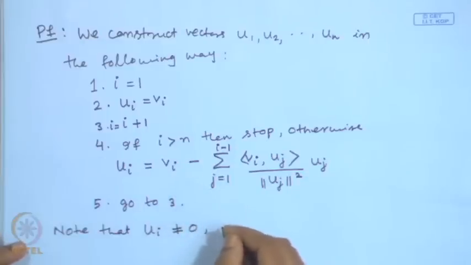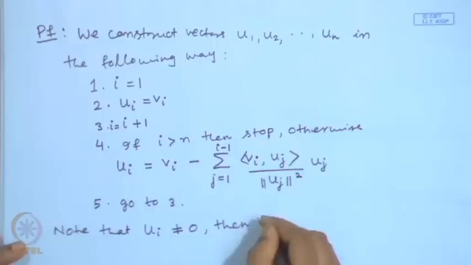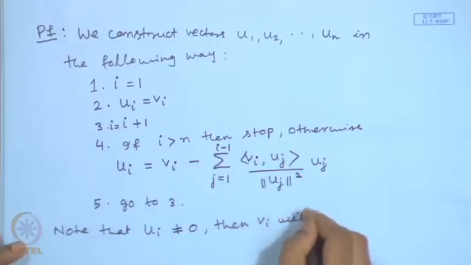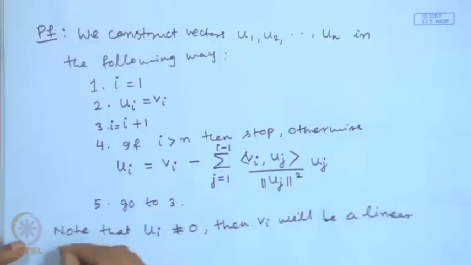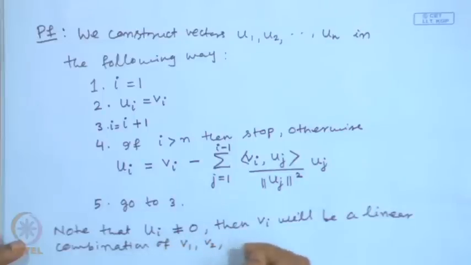Therefore, vi will be a linear combination of vectors v1, v2 up to vi minus 1, and this is not true, because v1, v2 to vi is a linearly independent set.